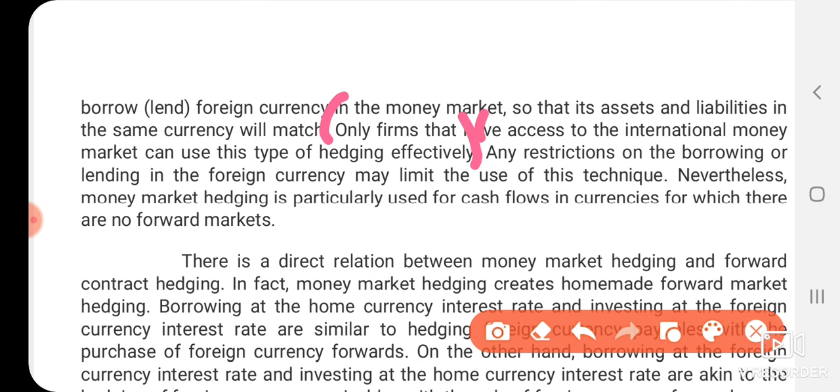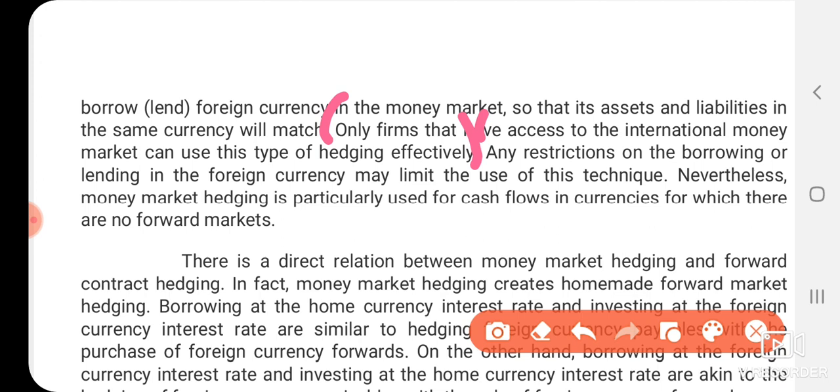For example, instead of $10 million I have to take 100 million US dollars; in such situations it is beyond the limit.